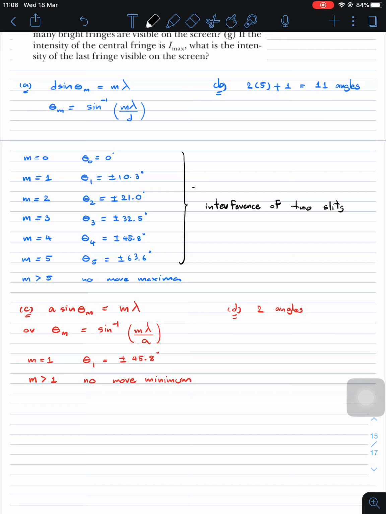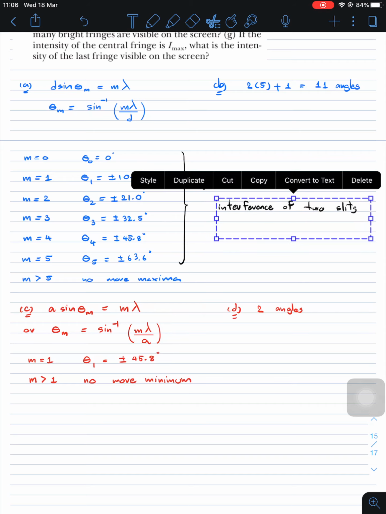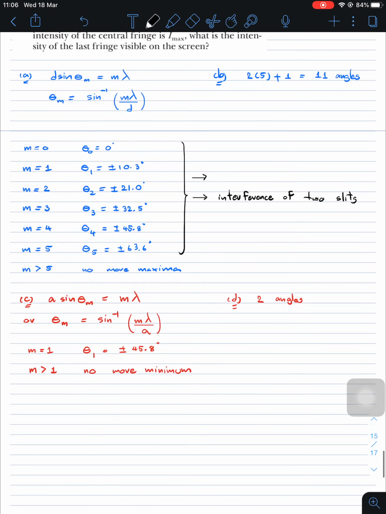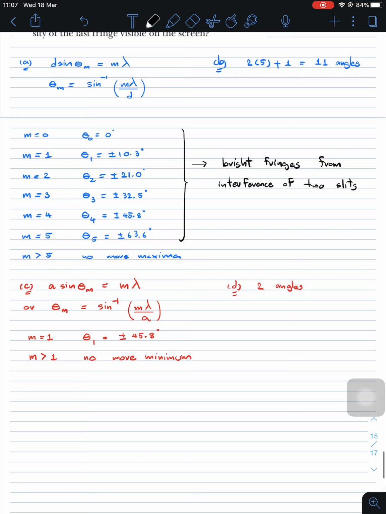Let me just draw the arrow. And this one just represents the bright fringes. Let me just write it this way: the bright fringes from the interference of the two slits.